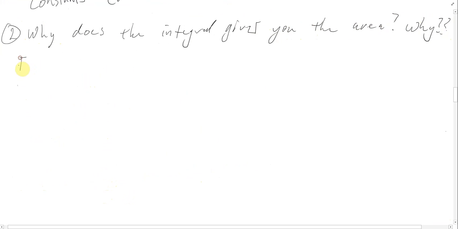So it's all about the fundamental theorem of calculus.